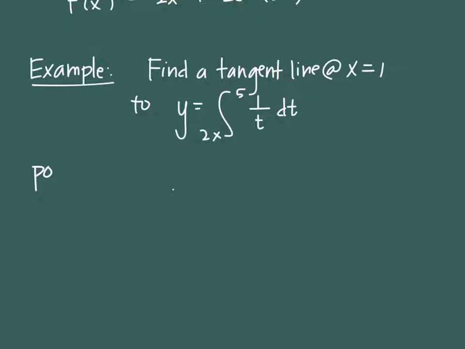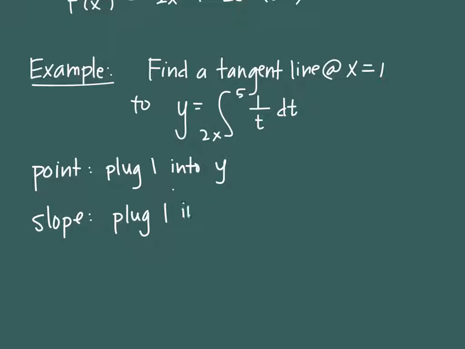All right, so to find the point, we're going to plug 1 into y. To find the slope, where are we going to plug 1 into? Into y prime. Okay, to find the point, you plug 1 into y. To find the slope, you plug 1 into y prime.